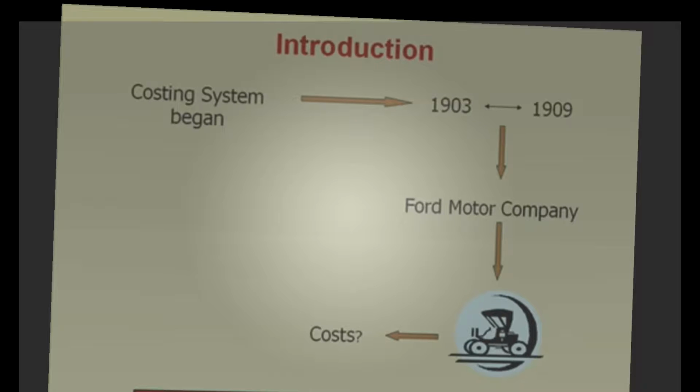And the reason is it would help determine a profit margin and set a selling price. So, between 1903 to 1909, the accountants of Ford Motor Company came up with a costing system.